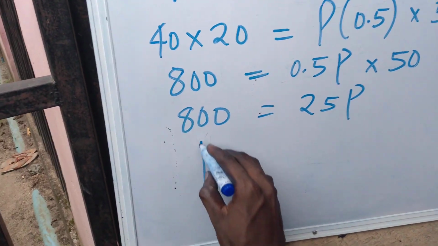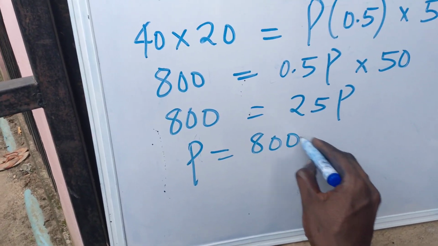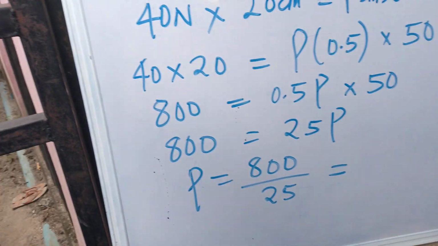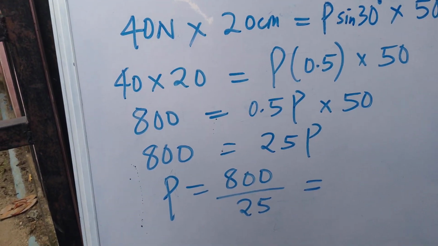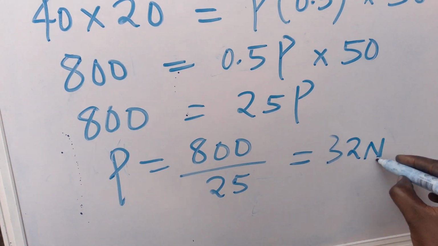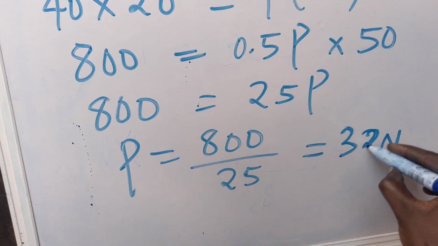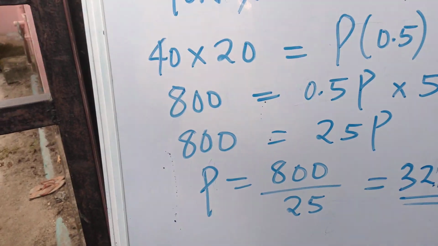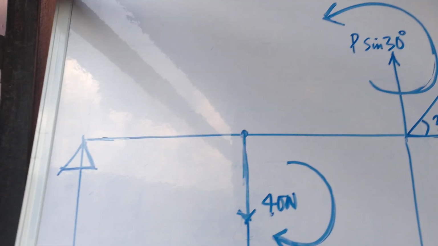Making P the subject of the formula, P will be equal to 800 divided by 25, and when I divide this, I finally arrive at 32 Newton. So we have obtained the value of force P.